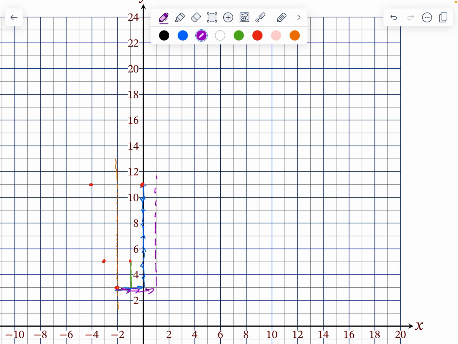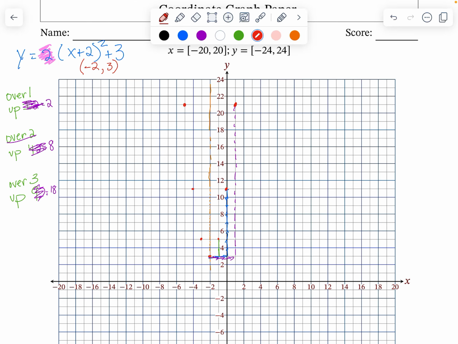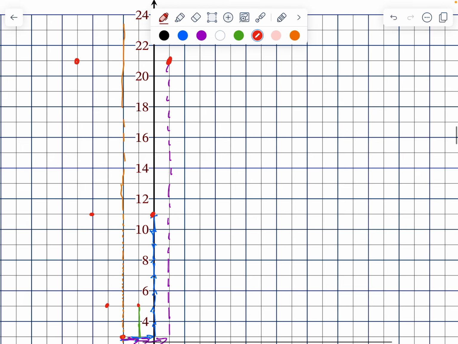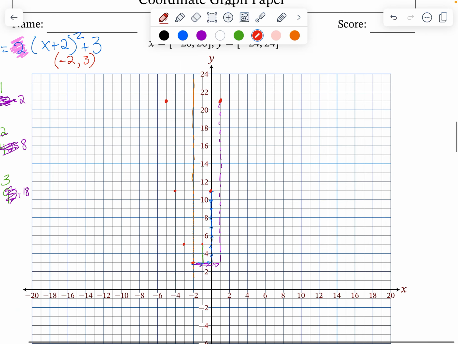And another 9. 10, 11, 12, 13, 14, 15, 16, 17, 18. Our axis of symmetry. So then we draw our parabola.